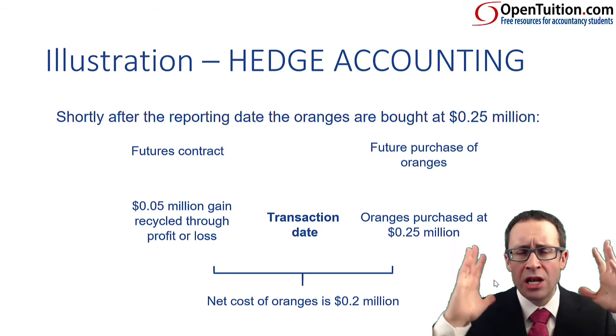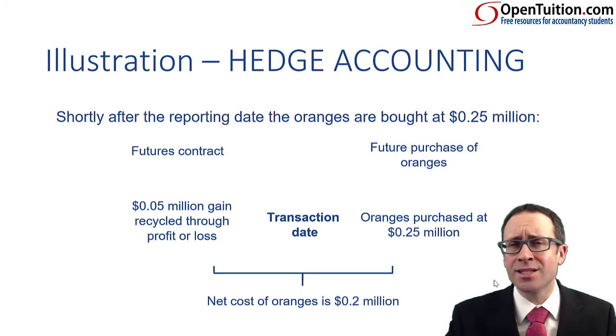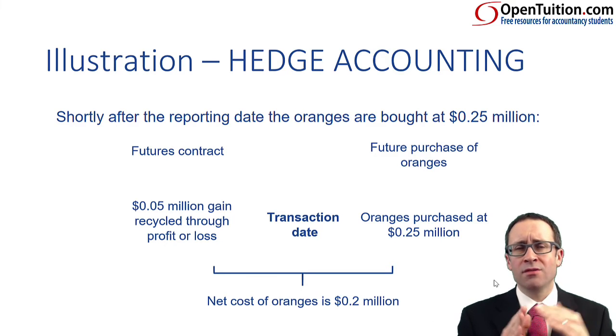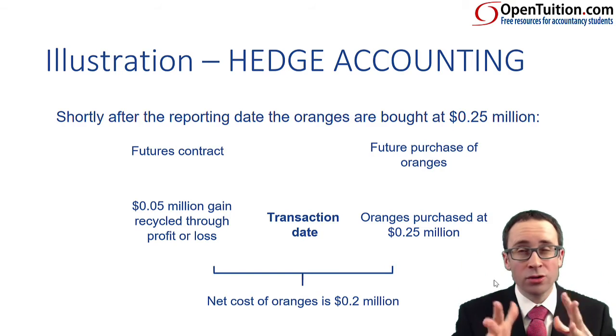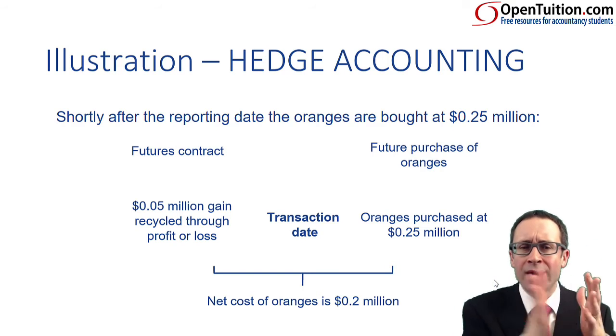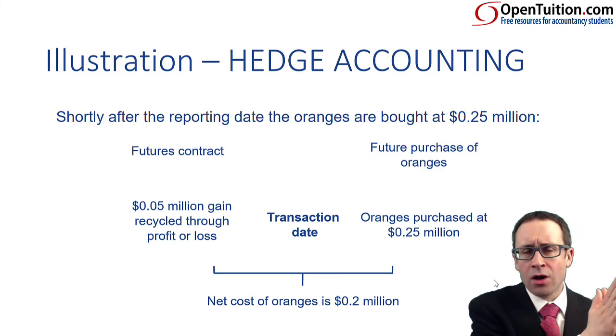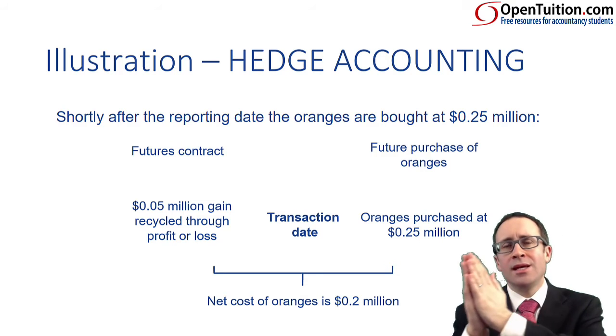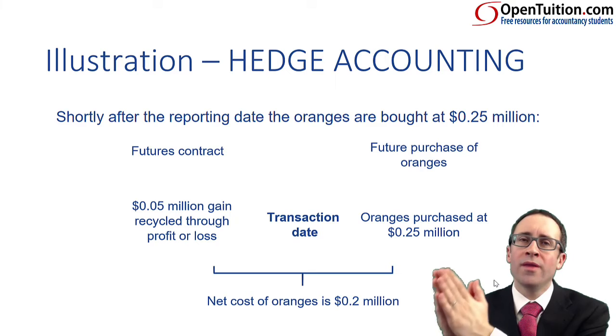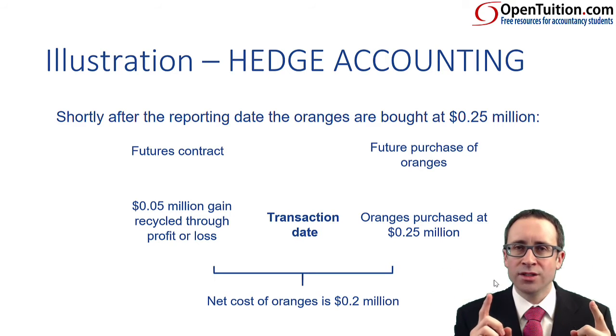We have reduced the risk. We've eliminated it entirely. Doesn't matter what happens to the value of oranges. They can go up, they can go down. But this hedge is 100% effective because whatever gain we have on the contract, the hedging instrument, it's equally offset by the loss on the item and vice versa.